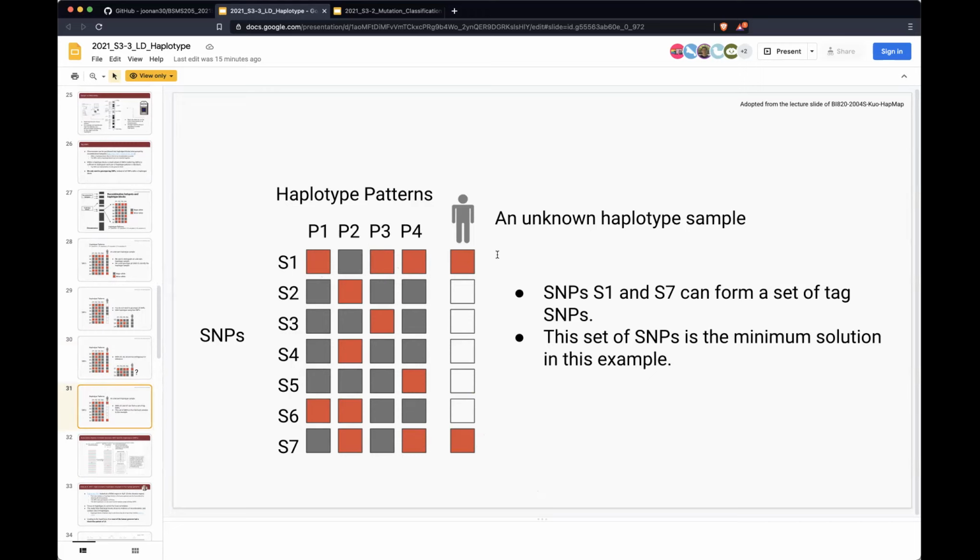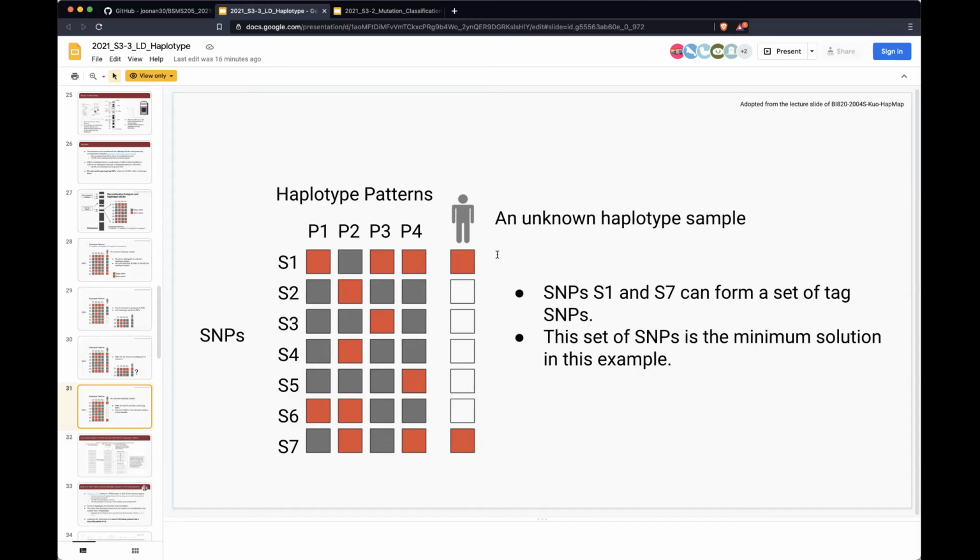So if you want to set the tag SNPs from the population information, then you have to choose the well-known SNPs which distinguish the population differences between ancestries, and then you can use them as tag SNPs, right? If you use all of the SNPs, that is the direct approach for defining the haplotypes, and that is an inefficient way, so you rarely do that.